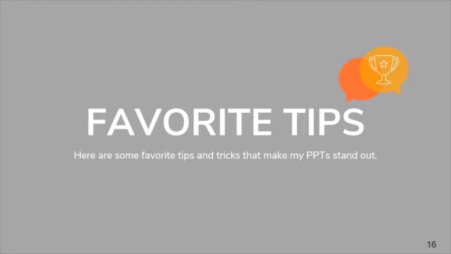And I've given you the transparent box tip, which is one of my favorite ones, and also the shadow effects because it really helps your shapes to stand out. But there's actually a whole other set of tips, some things that when I was making this webinar, I thought, what are my go-to tricks that I always find myself doing when I make a PowerPoint presentation? So here they are.